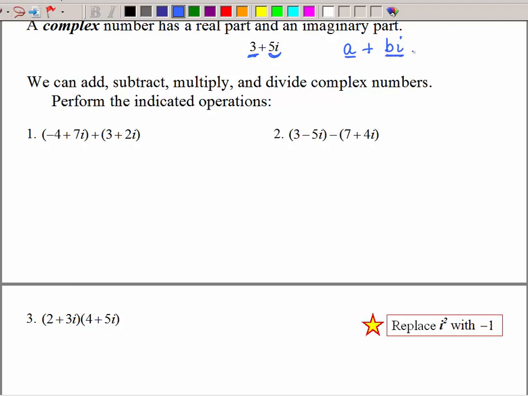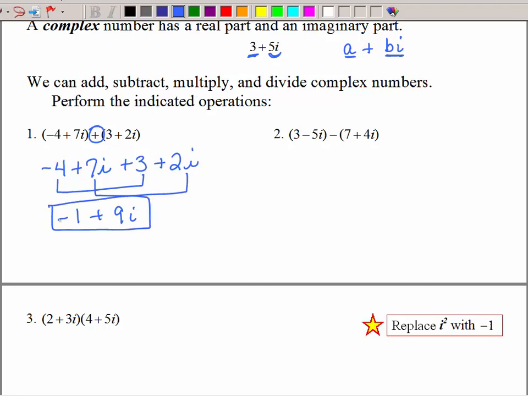The good news is adding and subtracting is very easy, because really all you want to do is collect like terms. So first of all, notice that there's a plus sign between here. So this is just negative 4 plus 7i plus 3 plus 2i. At this point, you can treat i just like you would x. Just collect like terms. So I'm going to put the real parts together, then put the imaginary parts together.